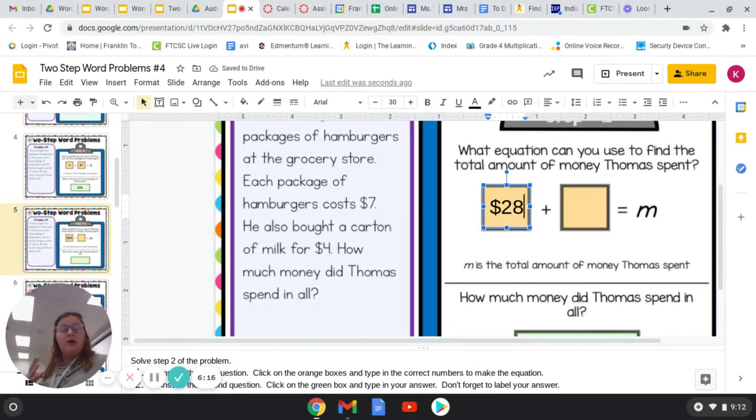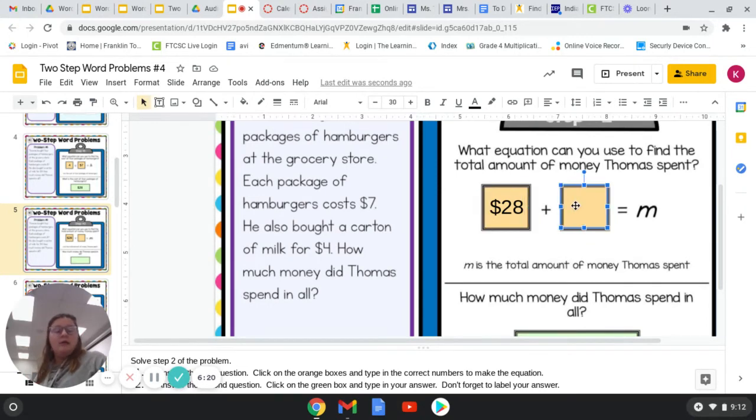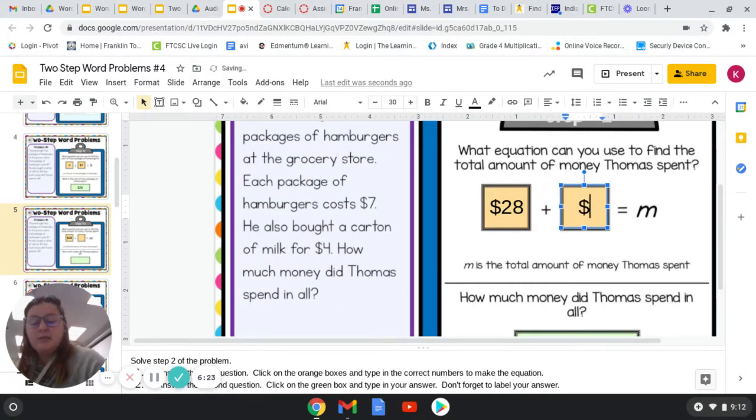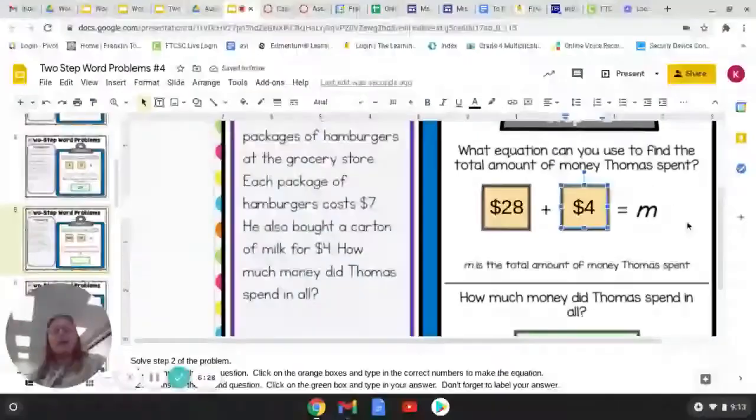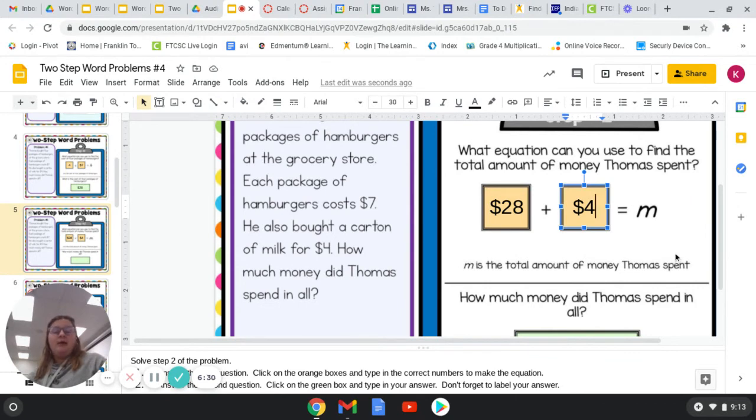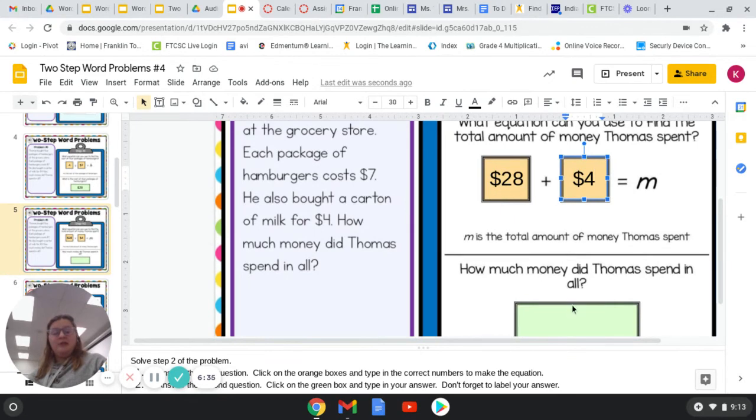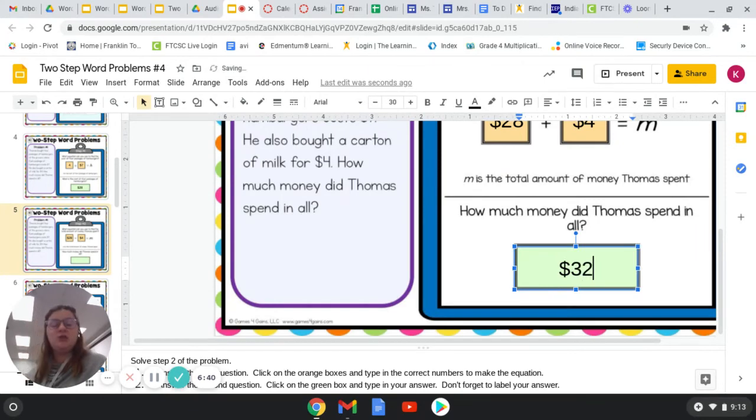Now I need to add the cost of the milk, and the milk cost $4. M is the total amount of money that Thomas spent. If I add those two numbers together, my answer would be $32. So for the hamburgers and that 1 carton of milk, Thomas spent $32.